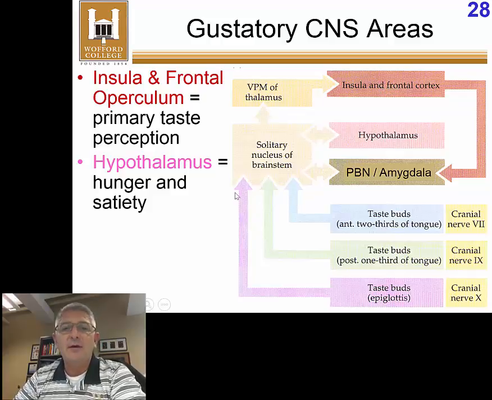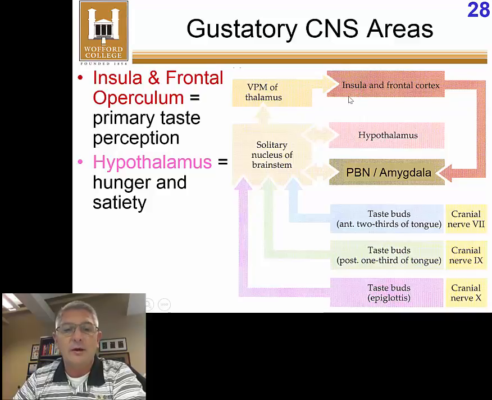Now, we also have connections from the brainstem to the hypothalamus here. And you notice the hypothalamus, with hunger and satiety, is bidirectional. We're going to talk more about this on Monday. But that means that activity related to hunger and satiety in the hypothalamus can actually come down here and influence the afferent taste signals that are coming up to primary taste cortex.